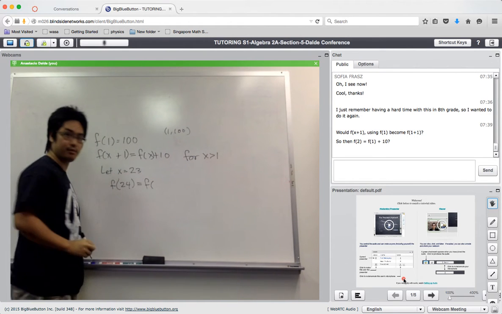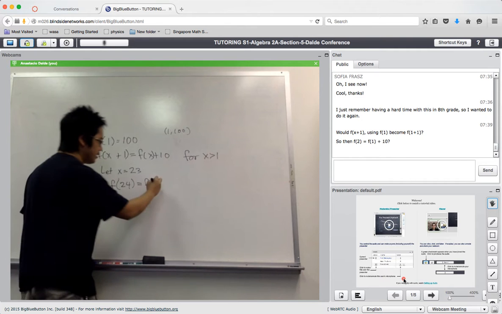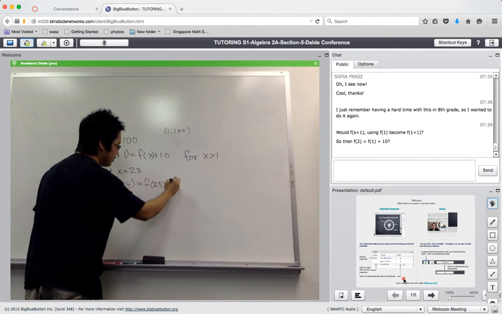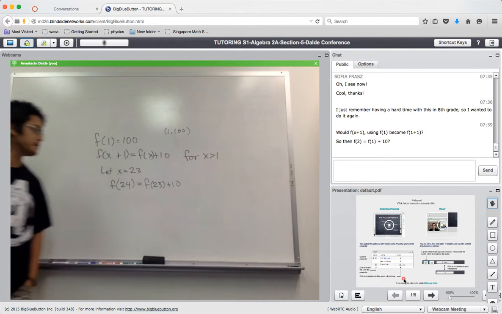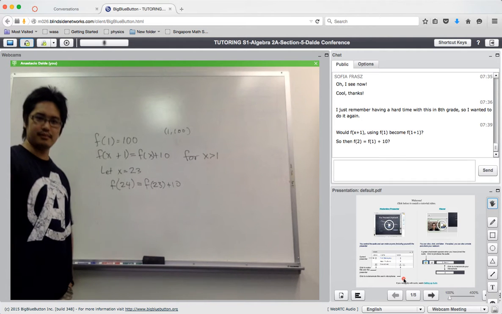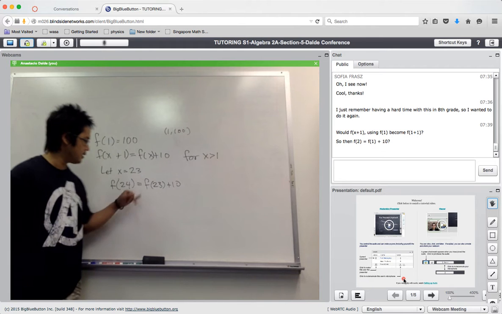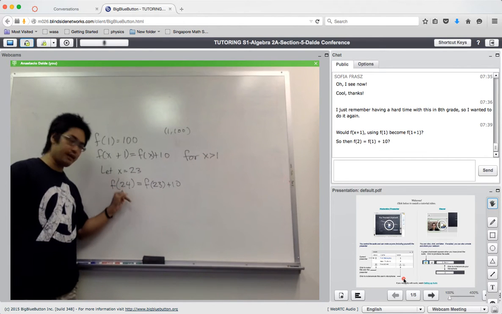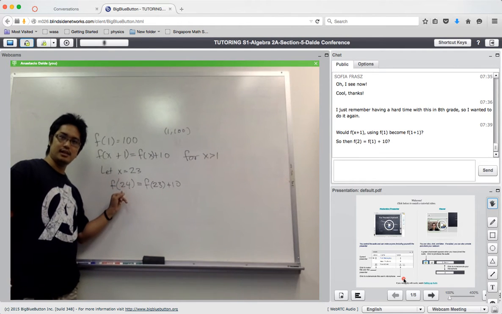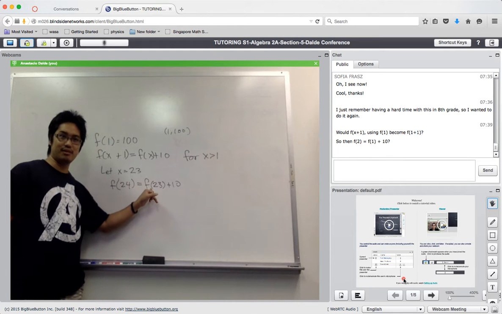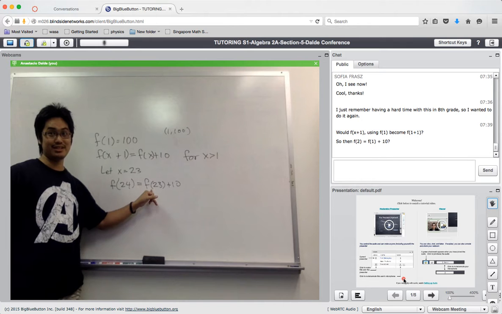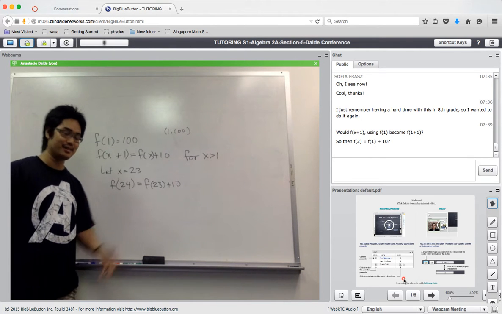What were we letting x equal to? 23. Plus 10. Here's the problem that I'm realizing we came across: we would be able to know what f of 24 is if we knew what f of 23 was. But the problem is we don't know what f of 23 is. Does that make sense?